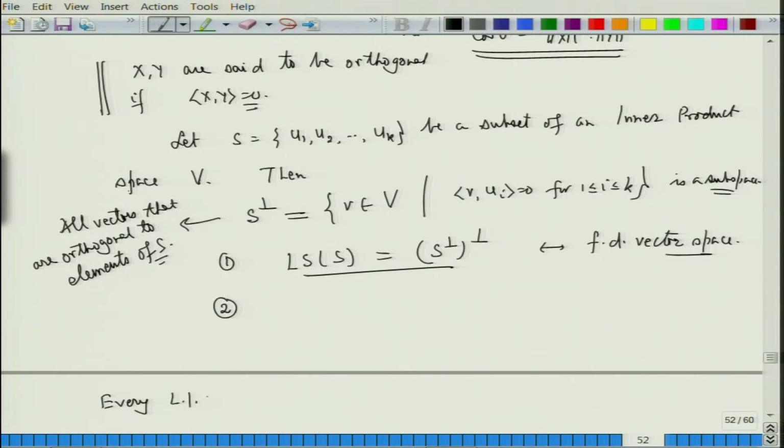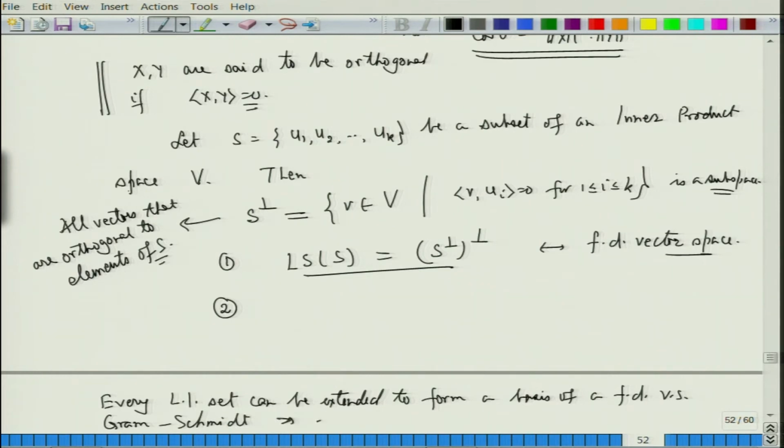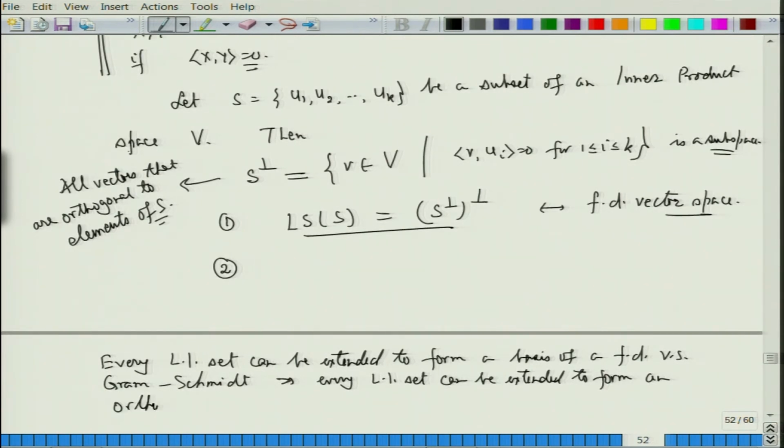So let me write that: every linearly independent set can be extended to form a basis of a finite dimensional vector space, and this and the Gram-Schmidt process imply every linearly independent set can be extended to form an orthonormal basis.